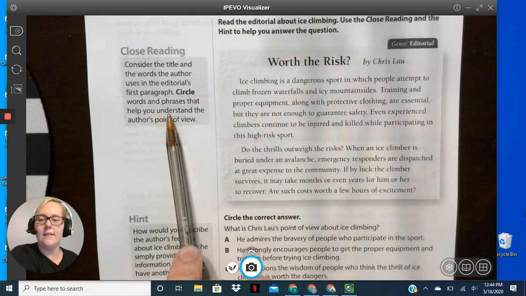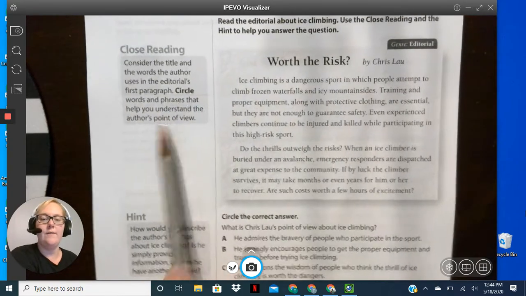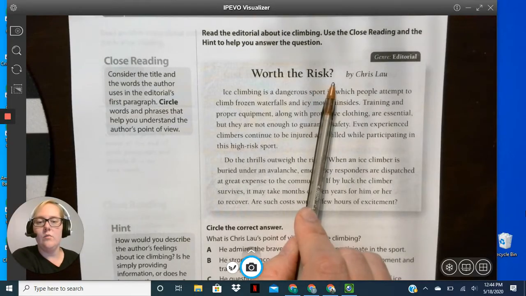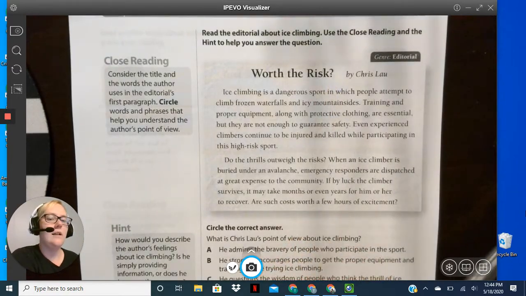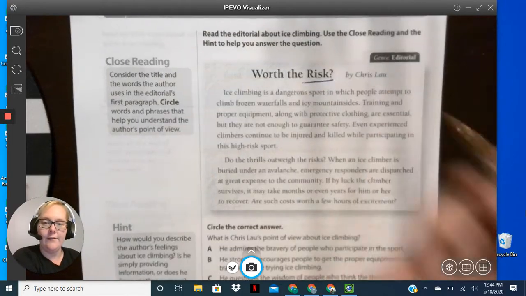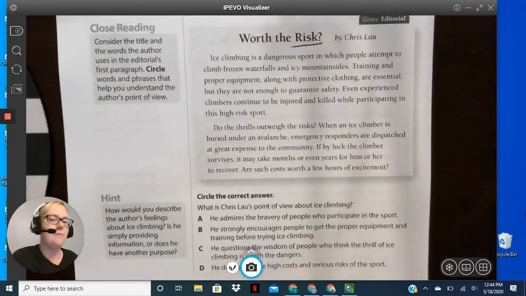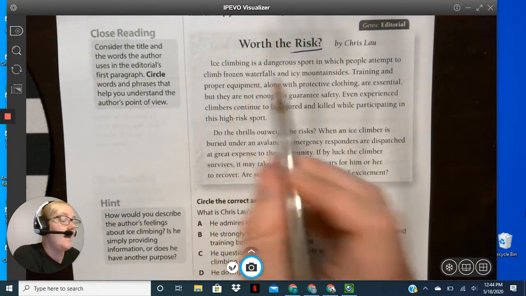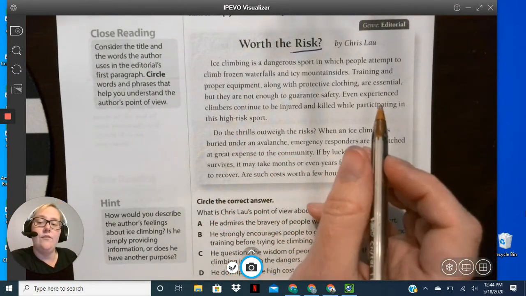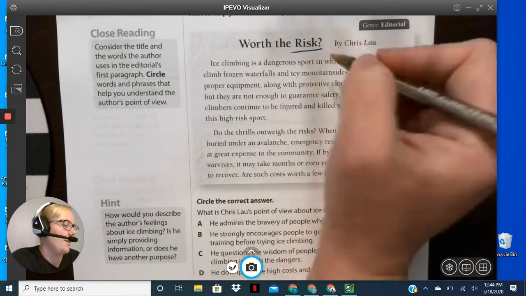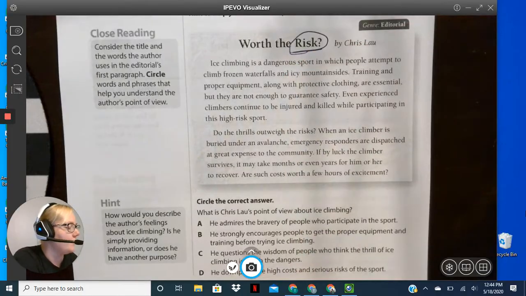Circle words and phrases to help you understand the author's point of view. Okay, so worth the risk with a question mark. It sounds like just using the word risk is a little bit more negative. So I'm thinking Chris Lown so far started off kind of negative. Let's see what else he has to say. And I'm going to go ahead and circle the words and the phrases that help me understand his point of view, or underline kind of risk.